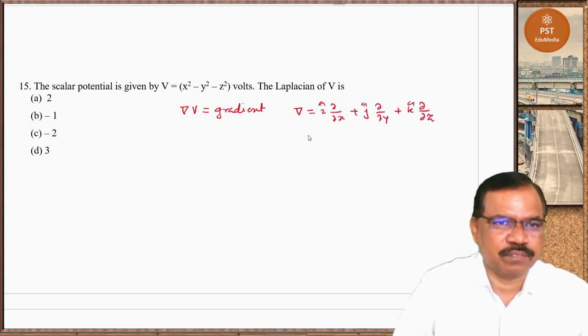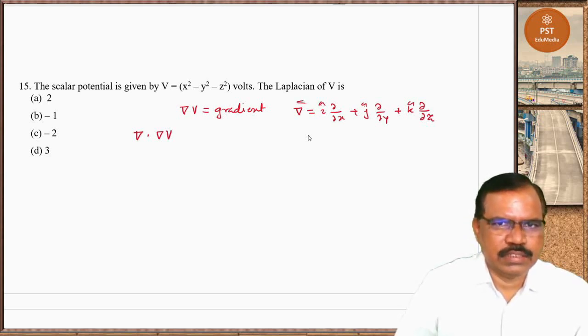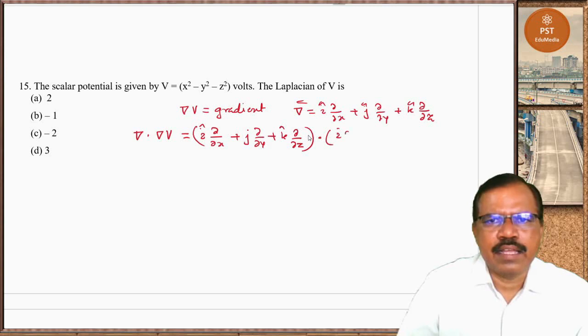Then what is the Laplacian? If you take del dot del V, now del is this one. We can write i ∂/∂x plus j ∂/∂y plus k ∂/∂z dot, and now what is the gradient of V? That is i ∂V/∂x plus j ∂V/∂y plus k ∂V/∂z.